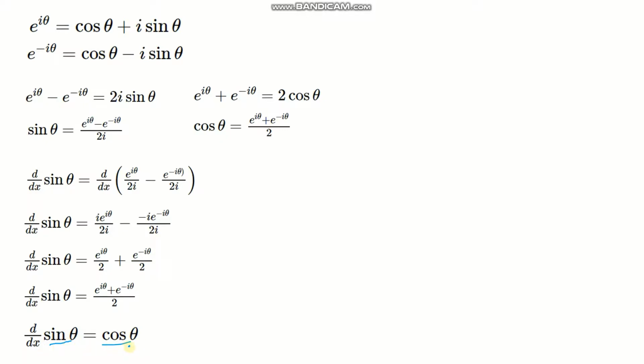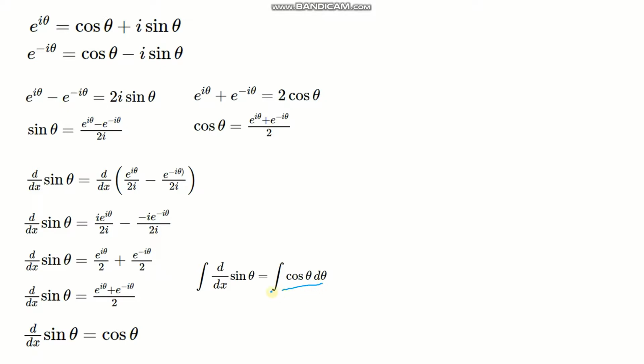Before we proceed to the derivative of cosine theta, let's find the integral of cosine theta first. So if we have the derivative of sine theta equals cosine theta, we can just take the integral of both sides to find the integral of cosine theta.